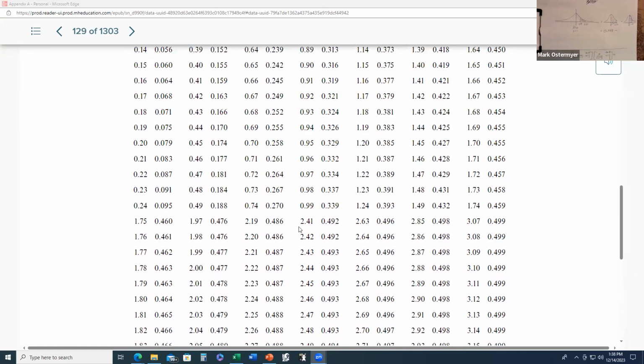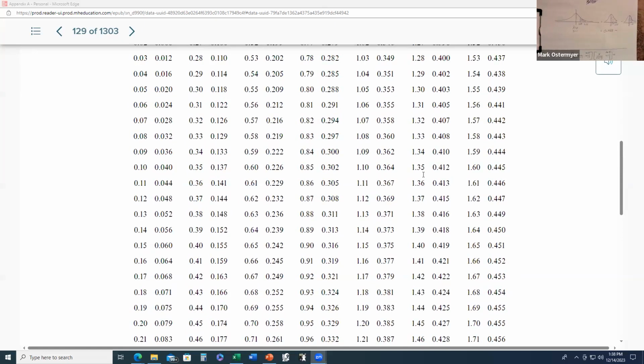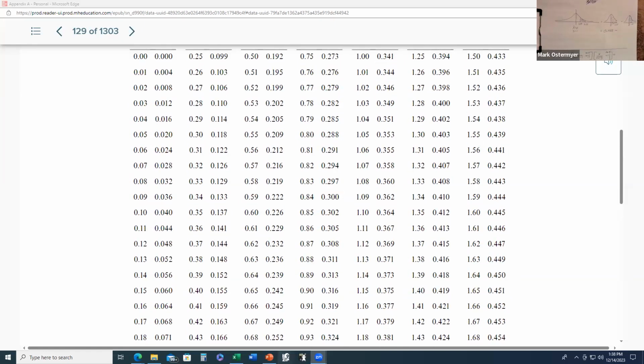Where is 1.55? Ah, found it. 1.55, the area is 0.439. Write that down.